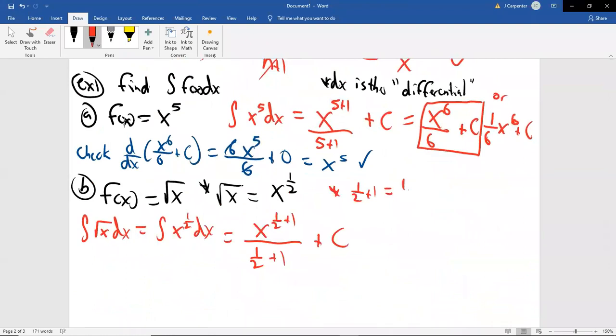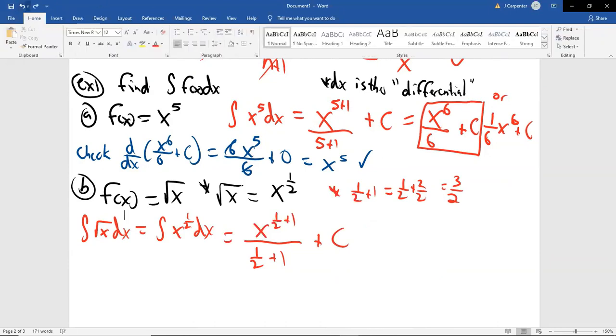So 1/2 plus 1 is 1/2 plus 2 over 2, which is 3 over 2. You've got to be down with your fraction arithmetic or you're going to have problems. So 1/2 plus 1 is 3/2. So this is going to be equivalent to x to the 3/2 divided by 3/2.